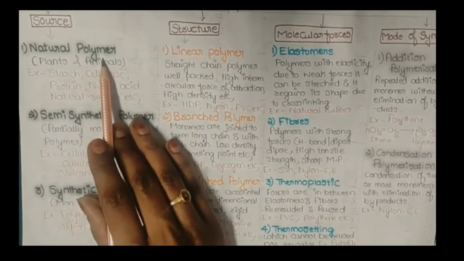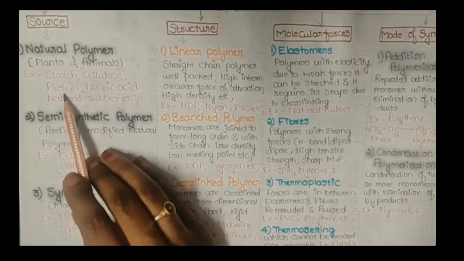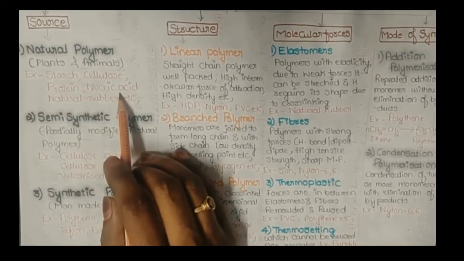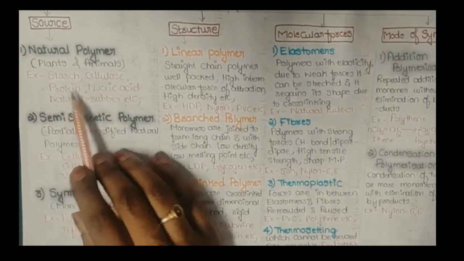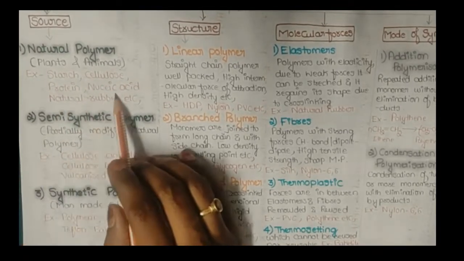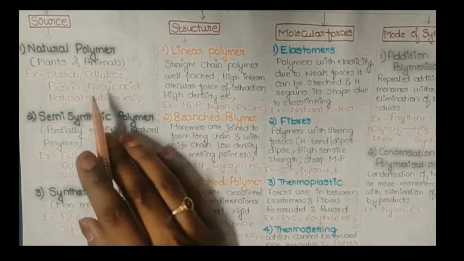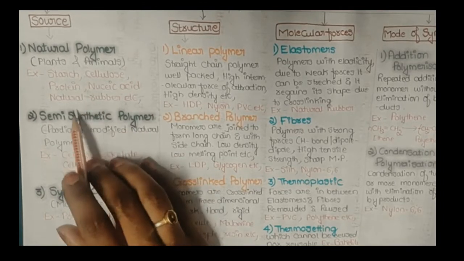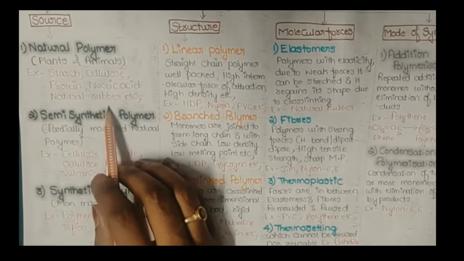Examples for natural polymers are starch, cellulose, protein, nucleic acid. I hope you remember starch, cellulose, protein, nucleic acids. They are all studied under another chapter called biomolecules. Another example for natural polymer here is natural rubber.